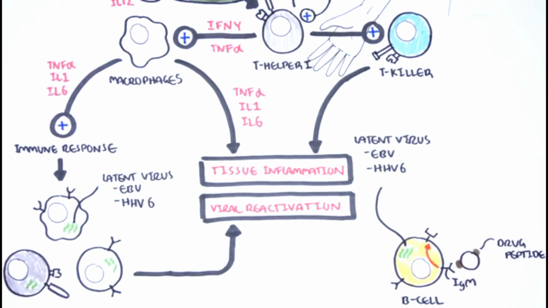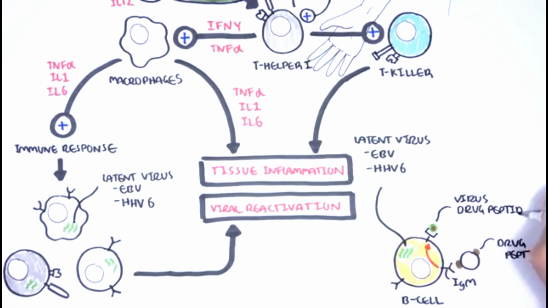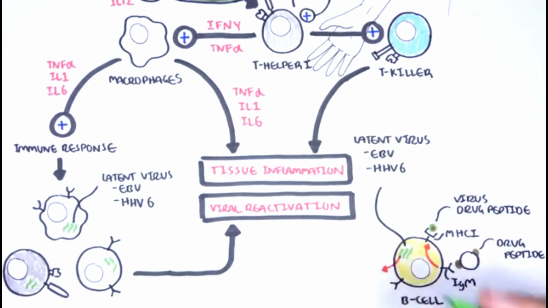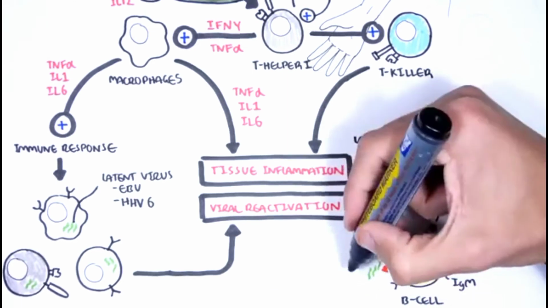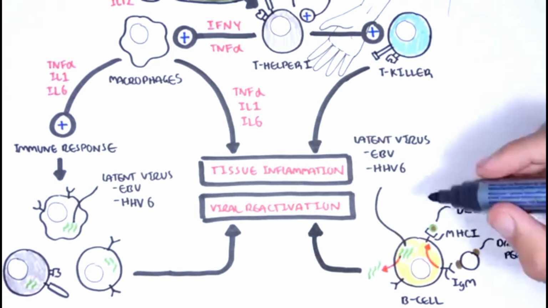Thus, the antigen-presenting cell will incorporate part of the virus particles, expressing it on an MHC class 1 molecule together with the drug peptide. The stimulated antigen-presenting cells, such as the B cell, will activate the latent Epstein-Barr virus and human herpes virus.